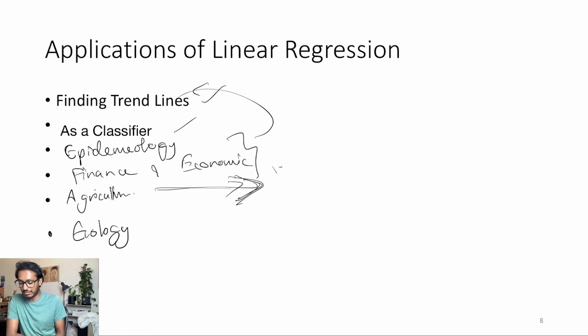In ecology, most ecological relationships are described as sometimes multivariate linear models or sometimes multiple linear regression problems. So there's a lot of applications to this, and we will be looking at some of these applications in the next lectures.